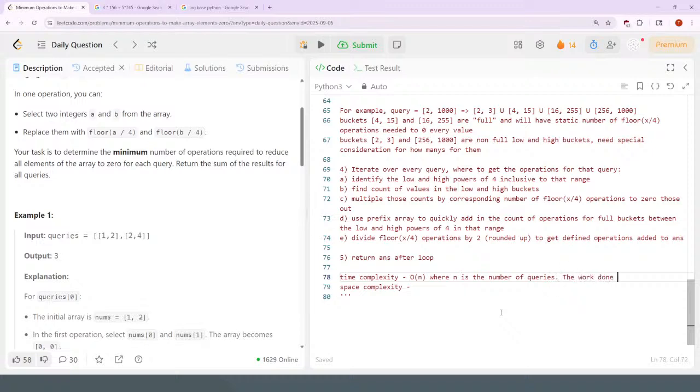The work done to calculate the operations needed for each query is constant, since it's only using log function calls, and the prefix array doesn't need to iterate over the values.